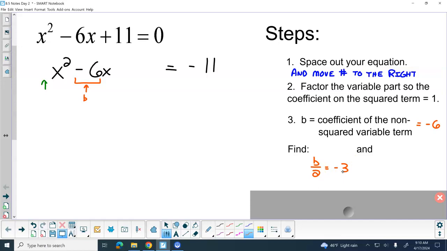We are also going to find b over 2 squared. So I'm going to square that term. Negative 3 times negative 3 is positive 9.